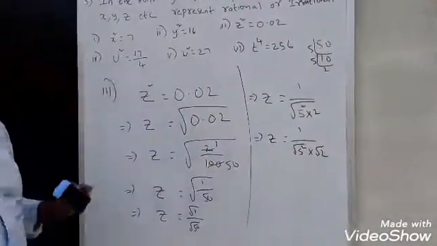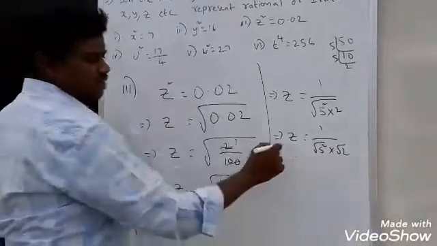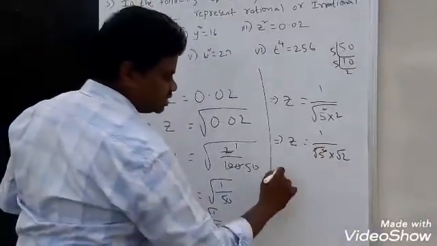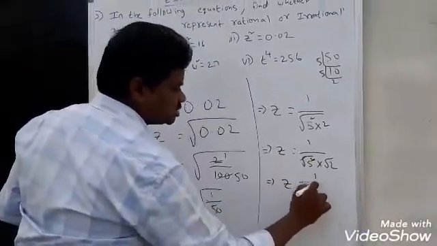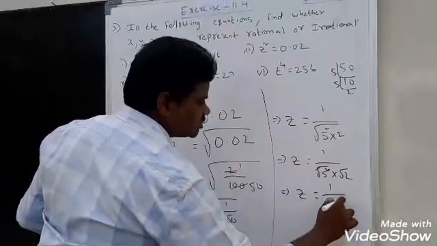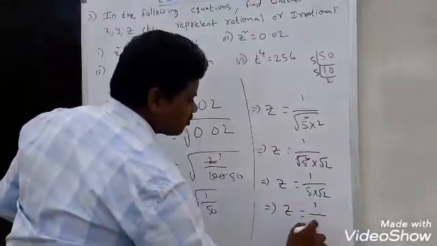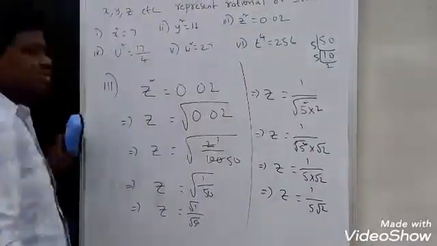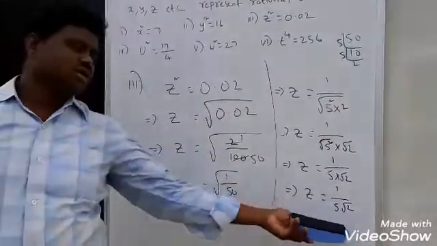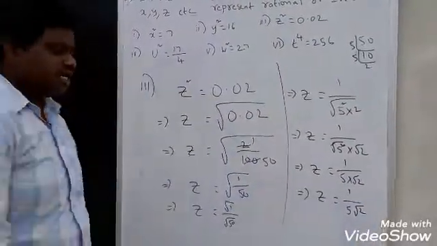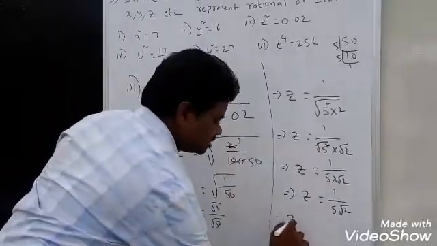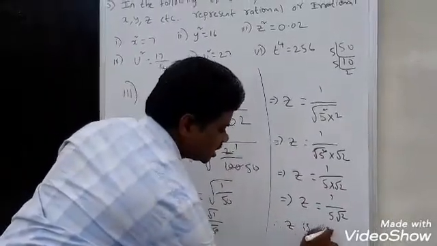You know the formula: root of AB is equal to root A into root B. Root and square cancel, and you get z equal to 1 by 5 root 2. So root 2 is an irrational number, so z is irrational.